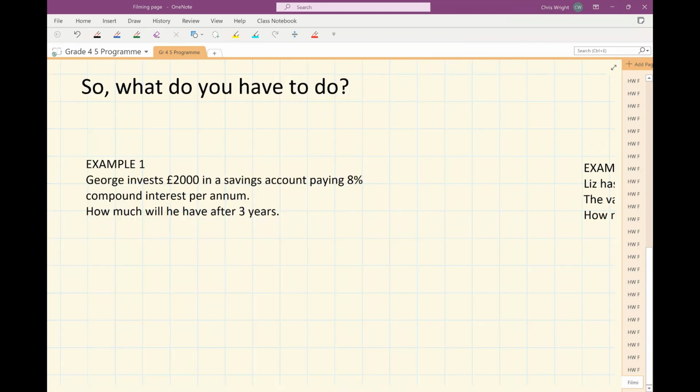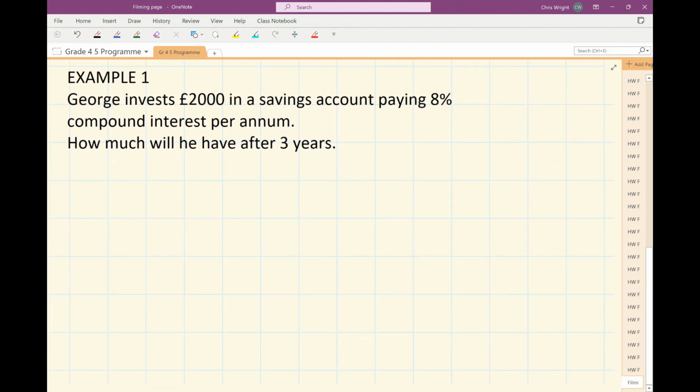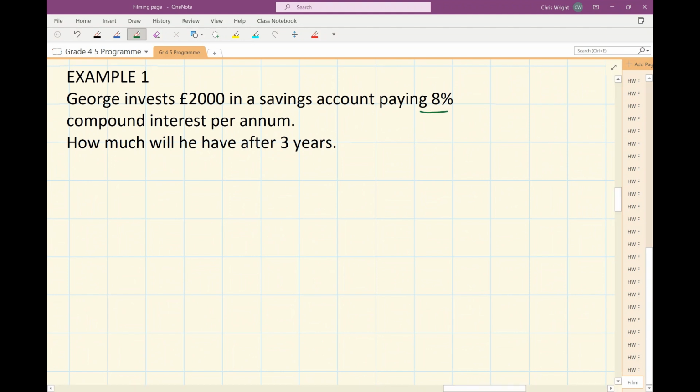So what do you have to do instead? Well, let's have a look at example 1. We've got somebody investing £2,000 in a savings account paying 8% compound interest per annum, per year. How much will he have after 3 years? Well, you could take your 2,000, you could find out 8%, which is 160, and then you could add that on, and then you could say, all right, that's the first year.